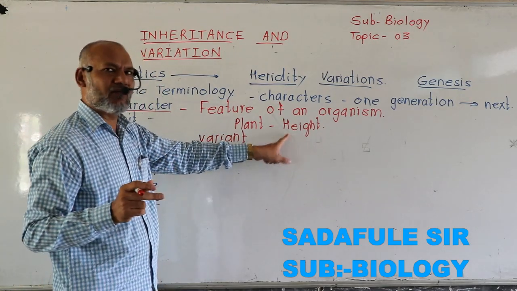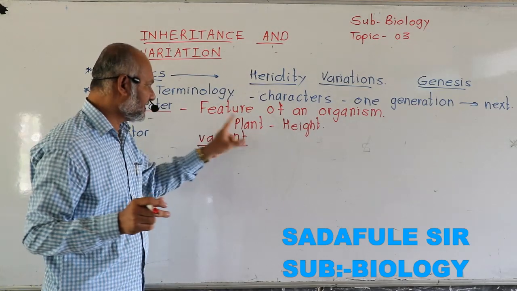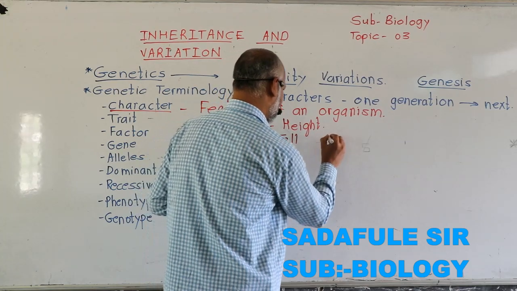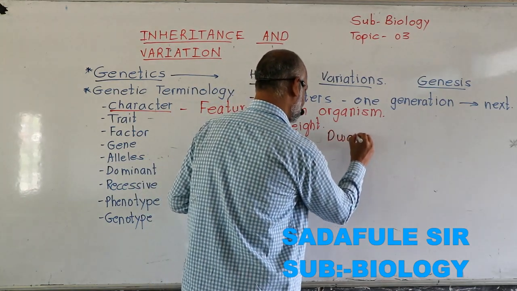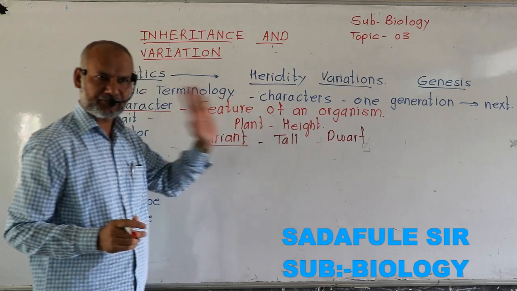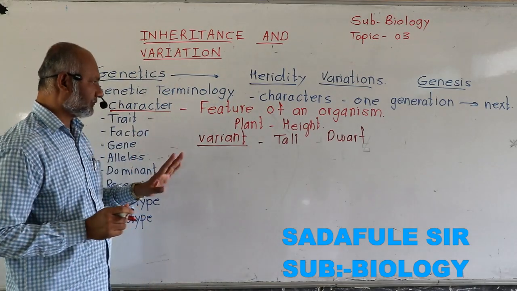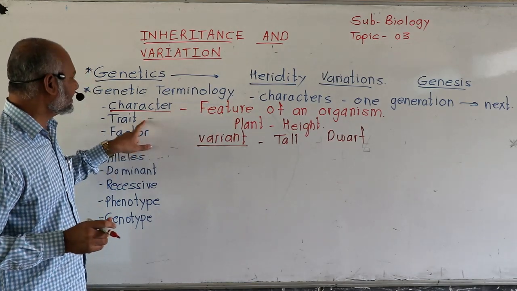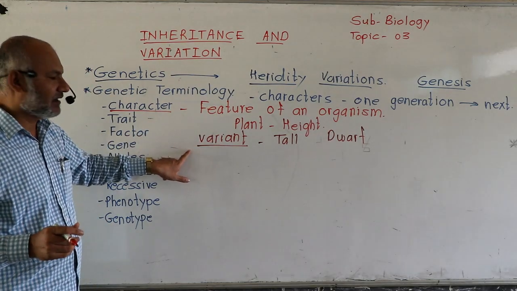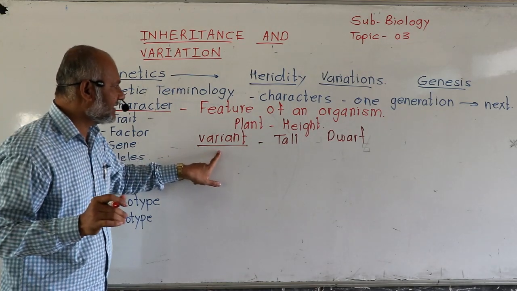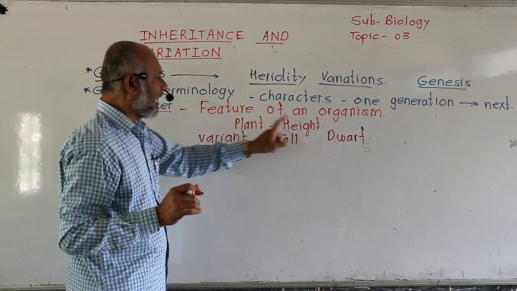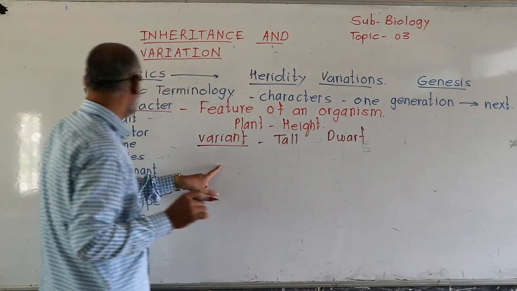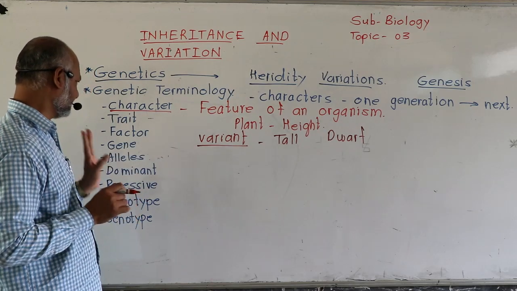Then there are two alternative forms of this character, that is tall plants and dwarf plants. Understand? Character is the feature, while the trait is the detectable and inheritable variant of this character. Height is the character, and tall and dwarf are the traits of that character.